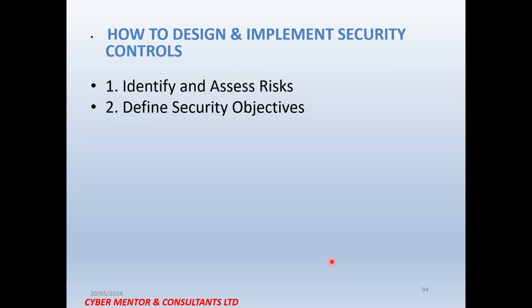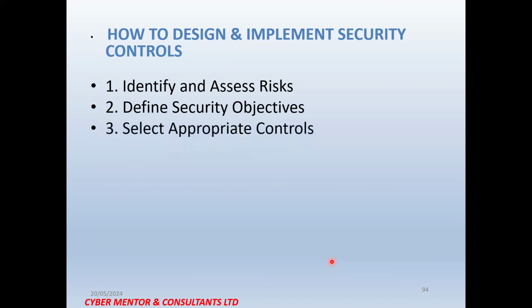So you have defined the objective that the control is going to meet. It could be that the objective of this control is to ensure that we hire the right people without a criminal record. That means possibly doing a background check or something like that. So you have to define the objective. What objective is it meeting?